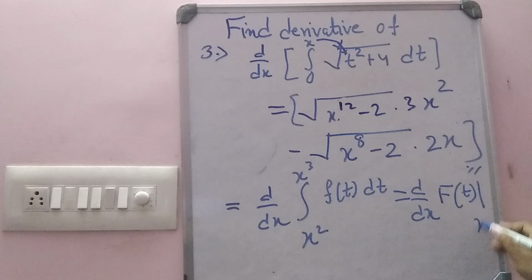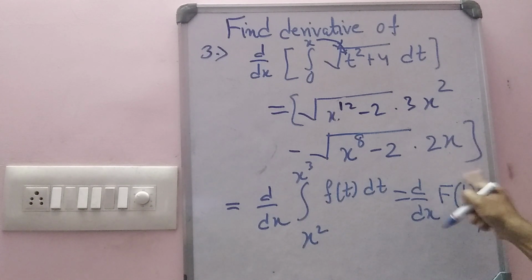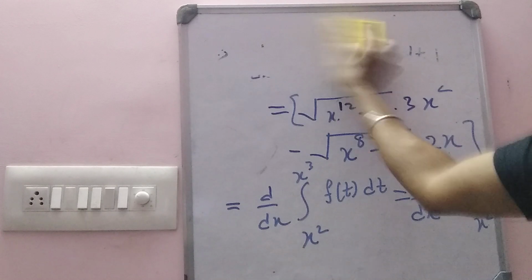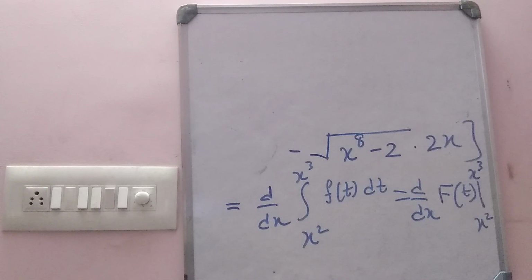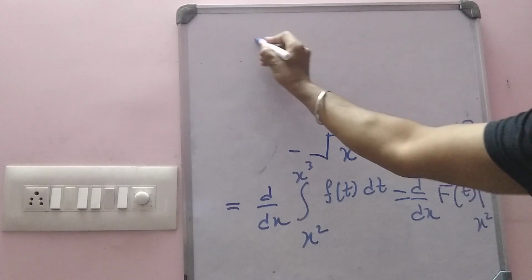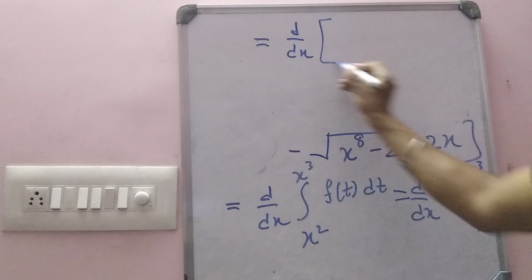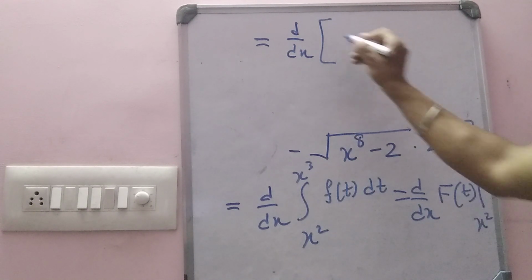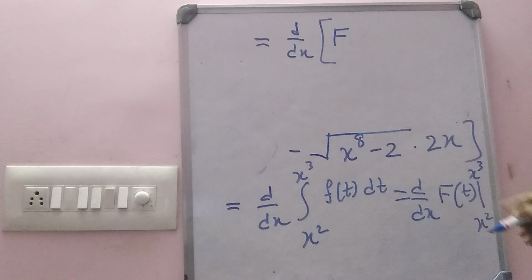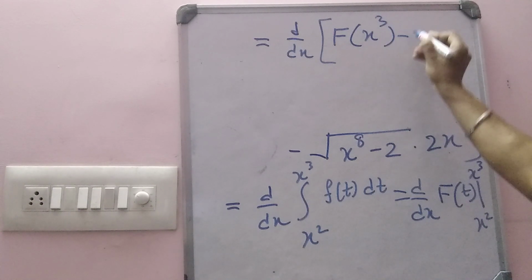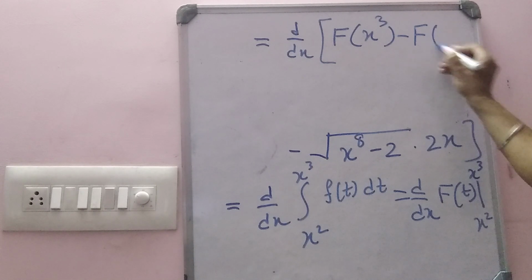The given limit is lower limit x square, upper limit x cube. Okay, so now the next step will be the derivative d by dx and take here your limits. So f of t now replace with the upper limit. So f of x cube minus f of x square.